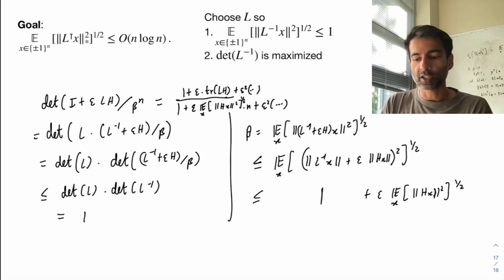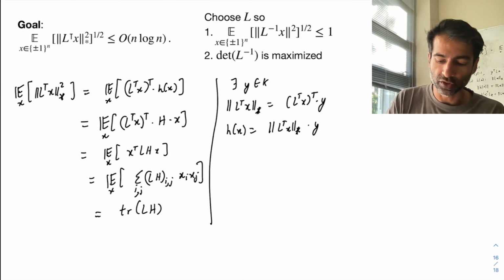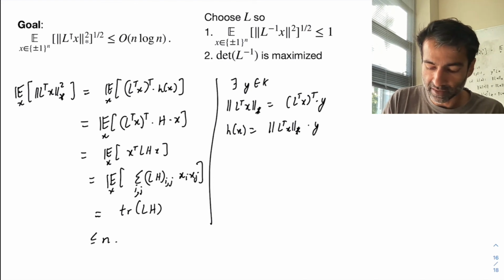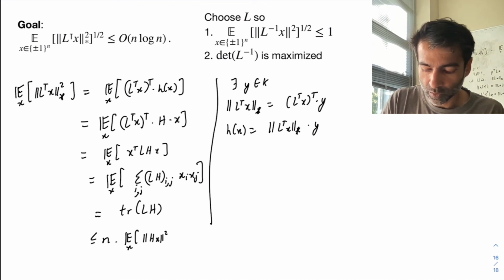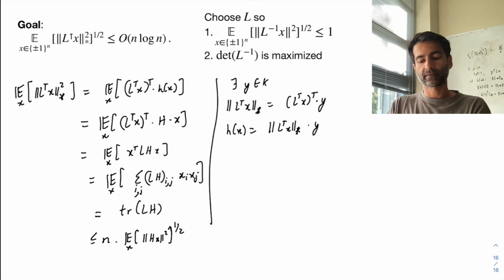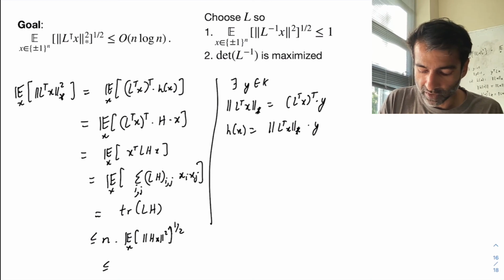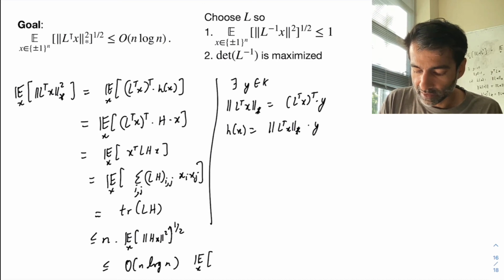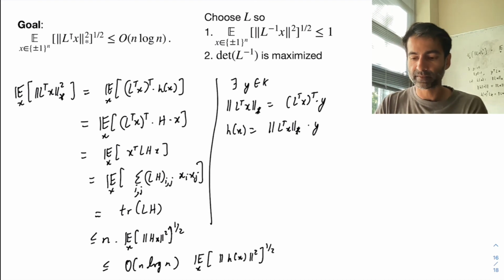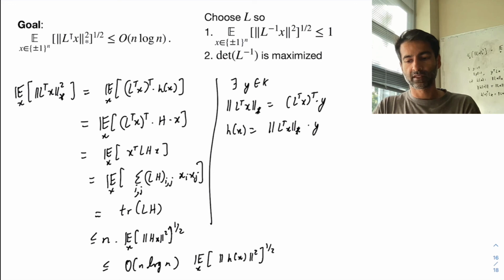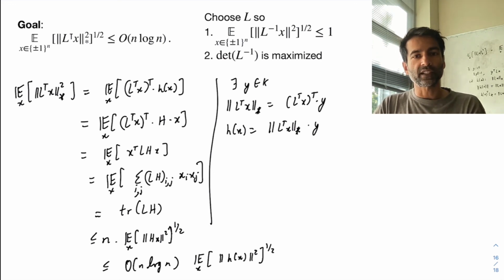So the upshot of this calculation is that we can bound the trace by n times the expectation over x of the norm of h times x squared, to the power 1/2. And now we apply Pajor's inequality. By Pajor's inequality, this is at most order n log n times the expectation over x of the norm of h of x squared, to the power 1/2. But what is the norm of h of x?